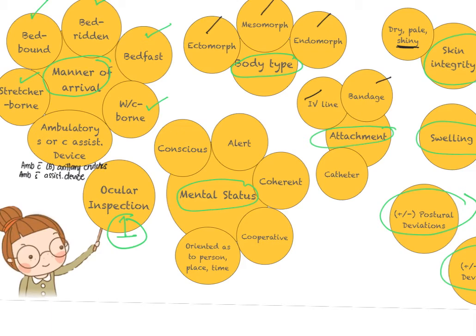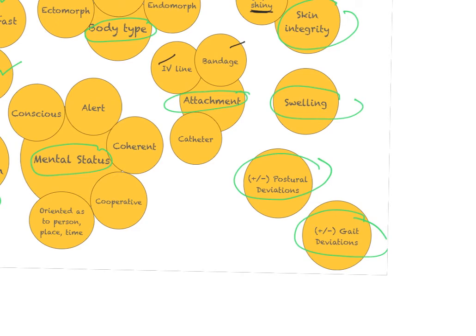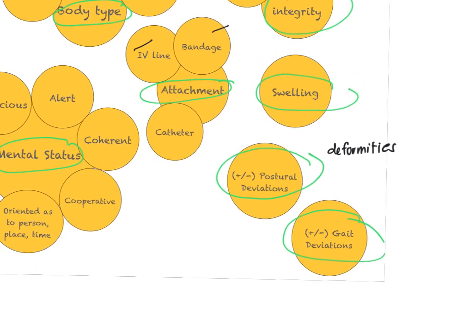What else? Do you see any postural deviations or gait deviations? Now for postural deviations, what you will be documenting under ocular are the deformities. So yung pangalan lang ng deformities. For instance, you have positive genu valgum.